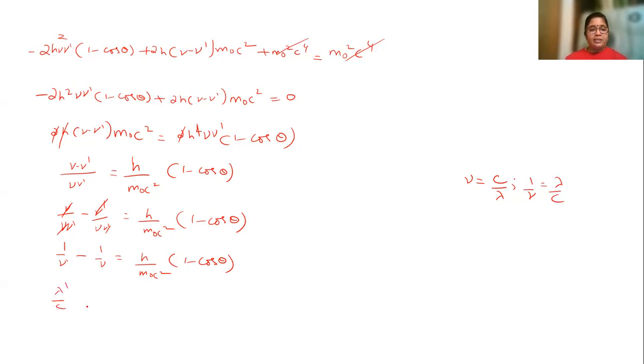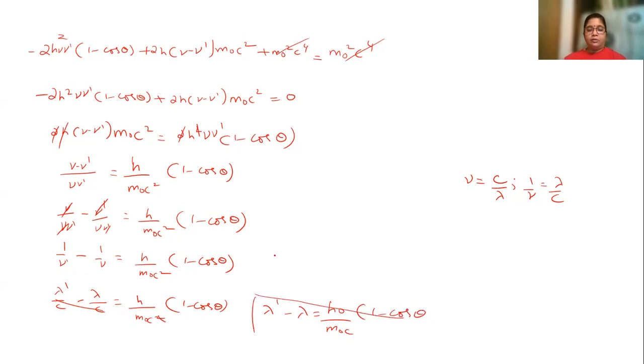So lambda dash by c minus lambda by c is equal to h by m naught c square into (1 minus cos theta), or since c will get cancelled, lambda dash minus lambda is equal to h by m naught c into (1 minus cos theta). This will be my Compton shift equation.